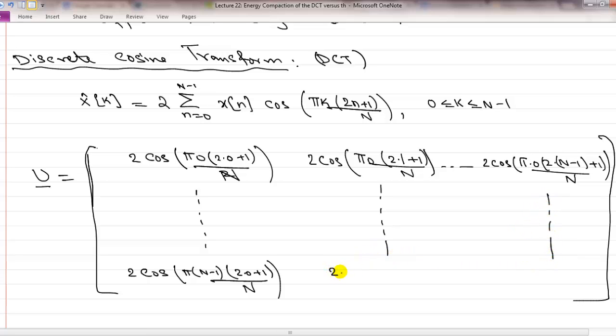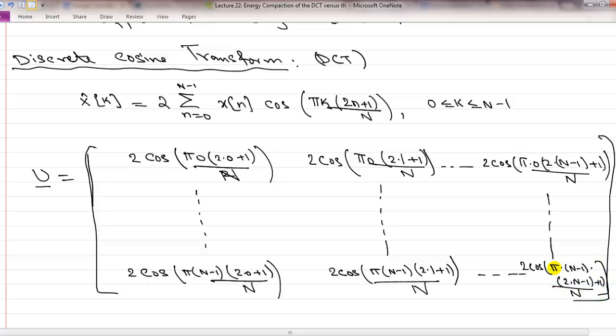So this will be 2 cosine of pi times N minus 1 times 2 times 1 plus 1 over 2 N, and 2 cosine of pi times N minus 1 times 2 times N minus 1 plus 1 over 2 capital N. Okay?